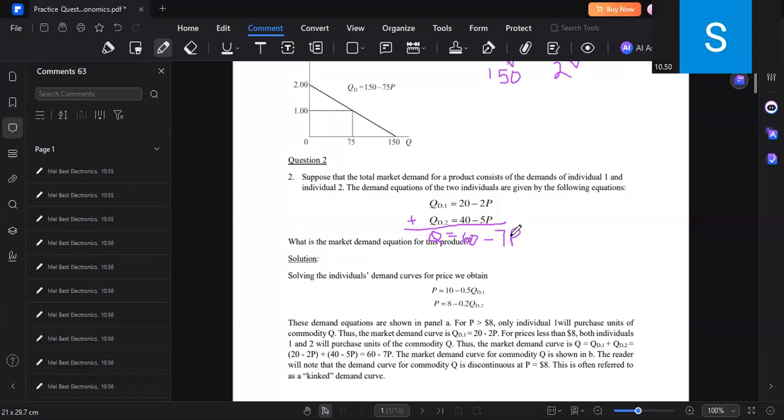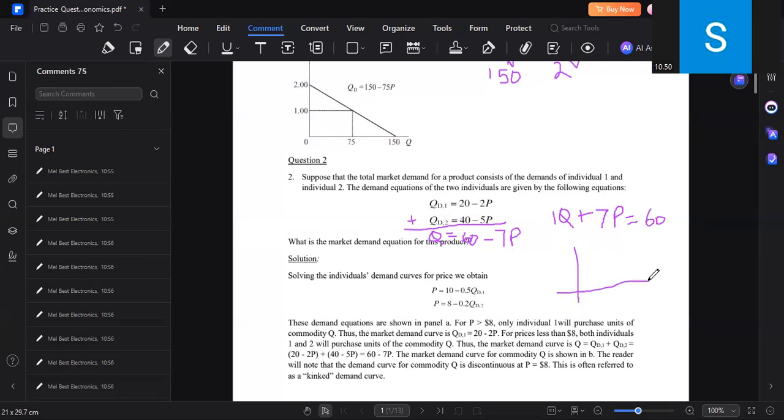Now, how then can we sketch this? We put the letters on one side. What are we going to have? Q plus 7p is equal to 60. There's an invisible one here.